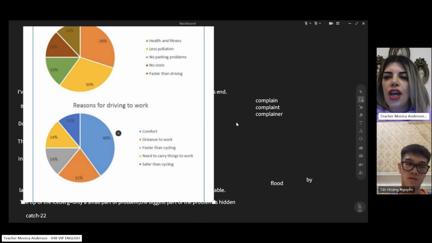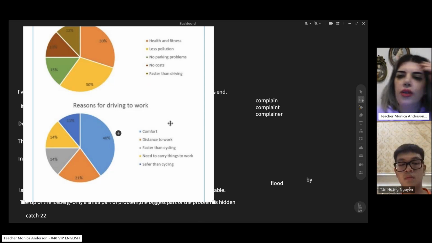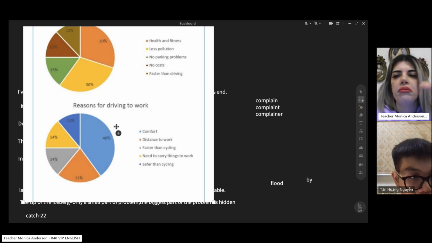So you can say, for example, that comfort is the most significant factor at 40% of people.